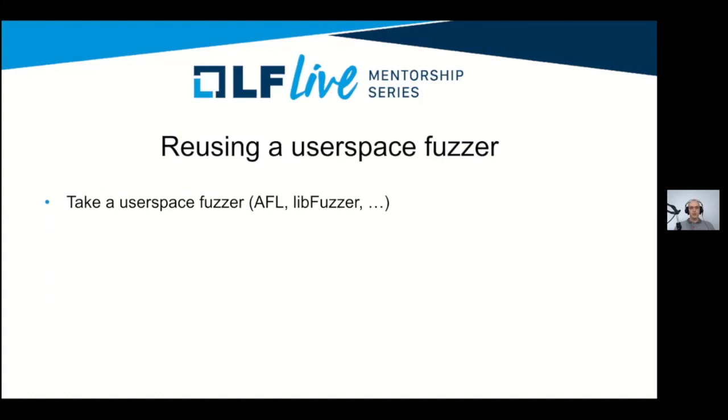The second approach is to reuse a user space fuzzer. In this case, you just take a user space fuzzer like AFL or libfuzzer, which are fuzzers that people usually use for fuzzing user space applications. AFL was the first fuzzer to introduce the coverage guided approach, but the problem was that it would read all of the inputs from disk, which is quite slow.